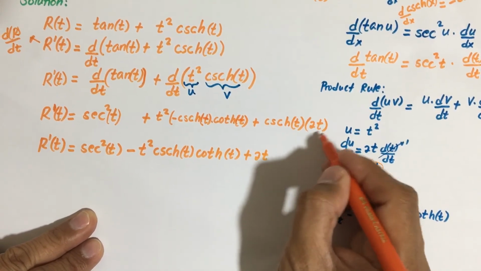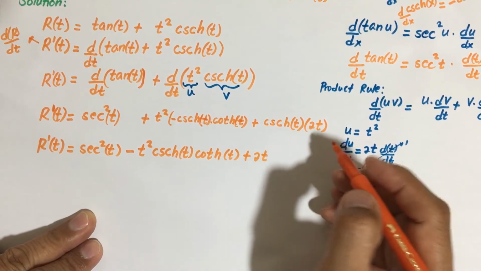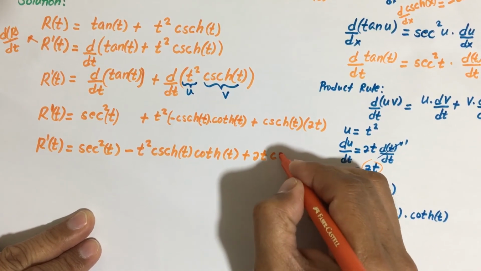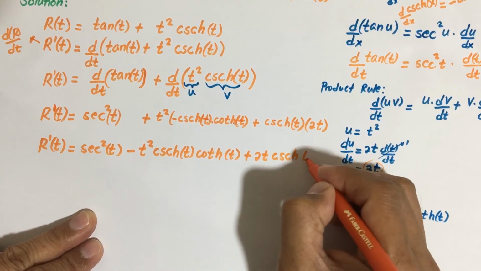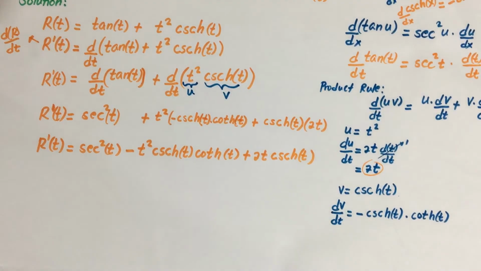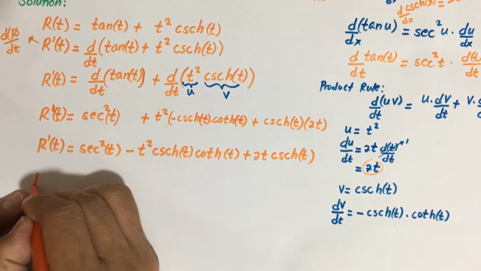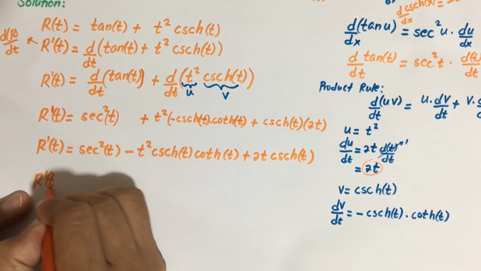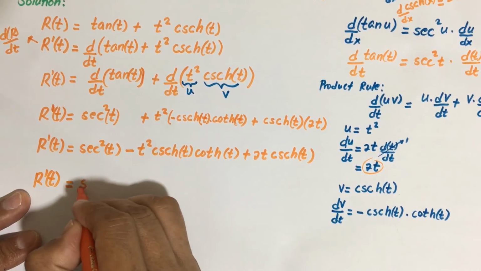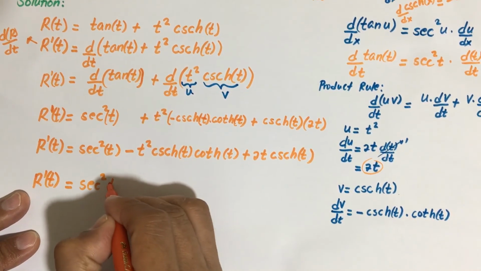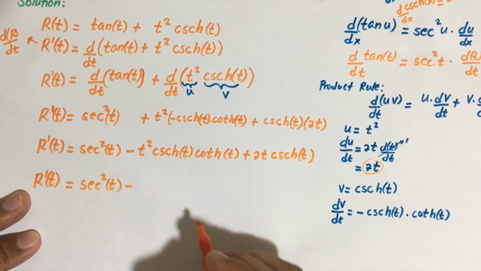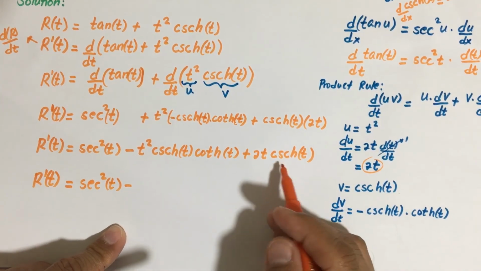Now you can write this first, there's no problem, this is just multiplication, class, times hyperbolic cosecant t. Alright, then rearranging, so r prime of t is equal to secant squared t, then minus, or you can write the plus first.